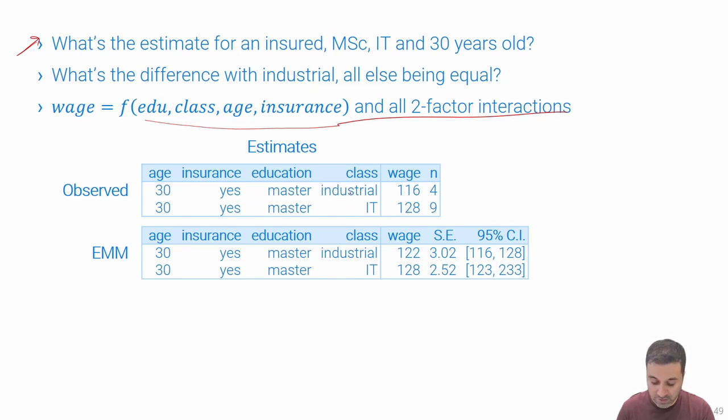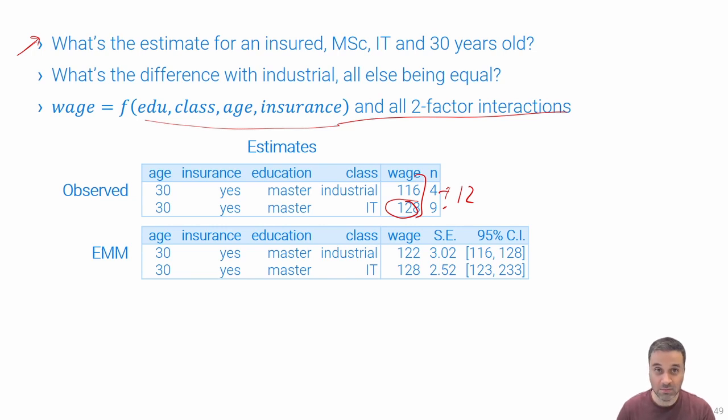Well, it turns out that in the data set, we have 4 observations of industrial and 9 observations of IT. If we were to compute the average wage, the difference would be 116 versus 128. So this would be the answer to the first question, and the difference would be the answer to the second question. So that would be a plus $12,000.